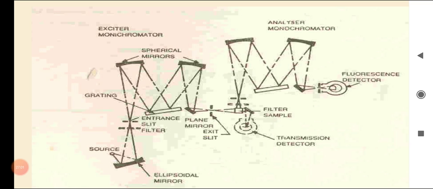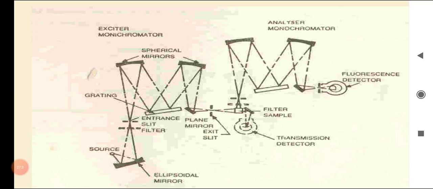That fluorescence energy is measured using an analyzer monochromator. Here also we are using spherical mirrors. When fluorescence energy is projected on the spherical mirrors, they reflect the energy onto the grating. The grating monochromator passes the required wavelength to the spherical mirrors.